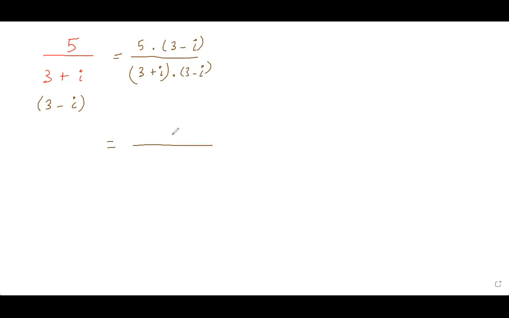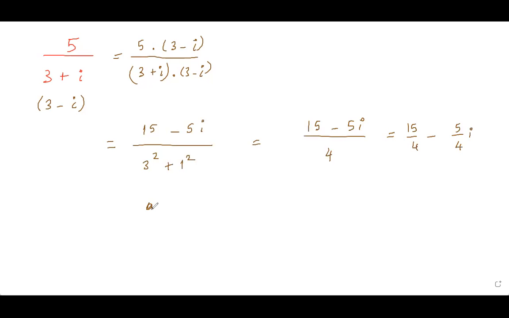The numerator will be 5 times 3, 15, 5 times i, 5i. The denominator is 3 squared plus 1 squared. So it will be 15 minus 5i divided by 4. So it will be 15 over 4 minus 5 over 4i.